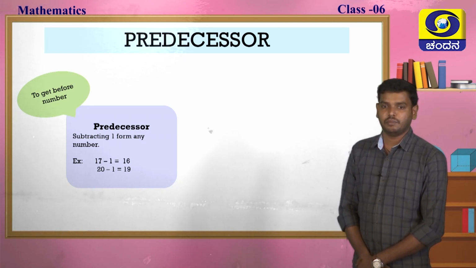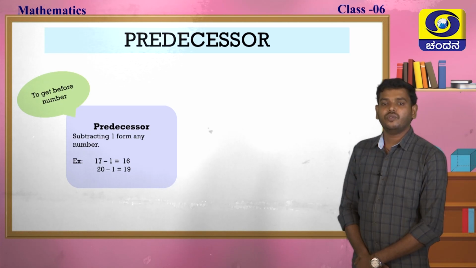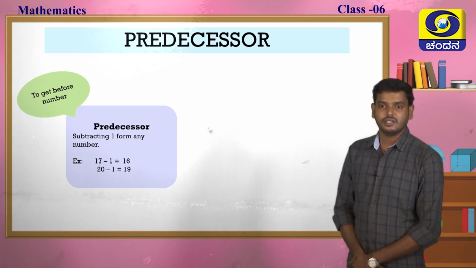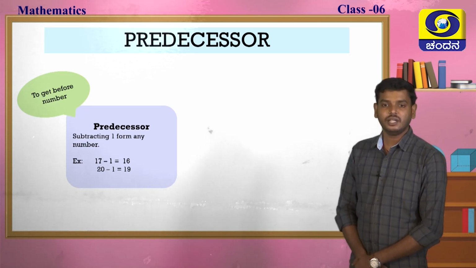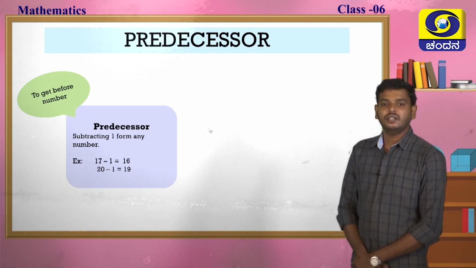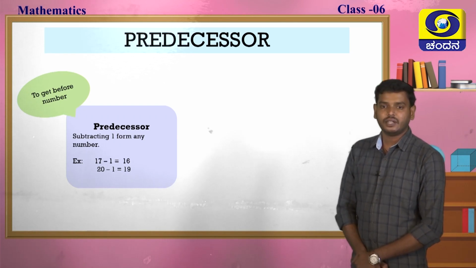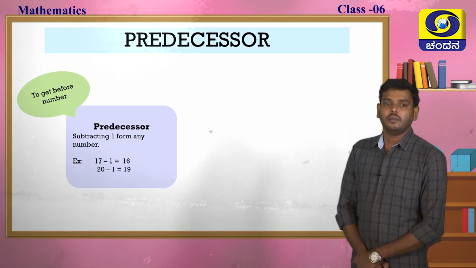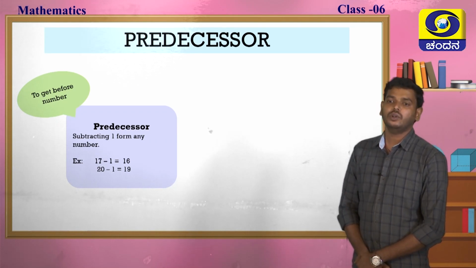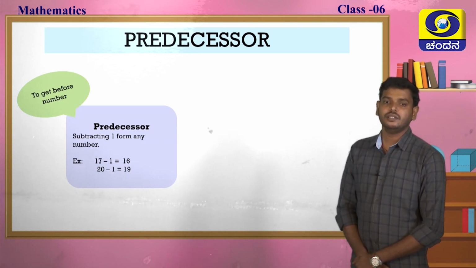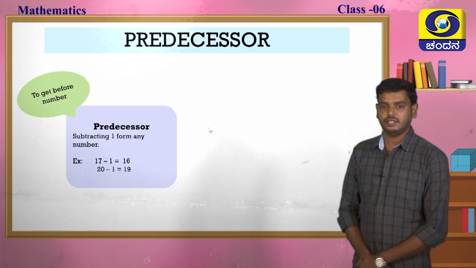Now, next example, what is the predecessor of 20? The predecessor of 20 is 19. Of course, your answer is correct. See, many of you are answering. So, what have we done? For the predecessor, we subtracted 1, that is 20 minus 1 is equal to 19. So, the predecessor of 20 is nothing but 19.